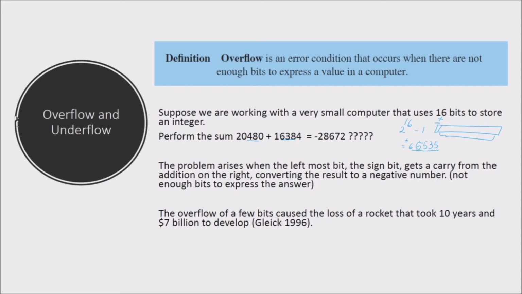It is going to be 2 to the power 15, because I have plus or minus right here. So I get 2 to the power 15, which is equivalent to 32,767. That is all I can do because there's a minus 1, otherwise it would be 32,768.